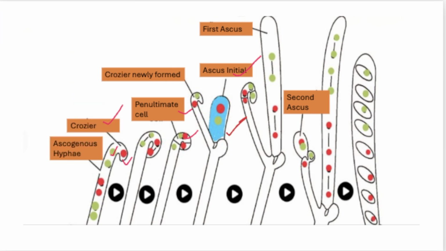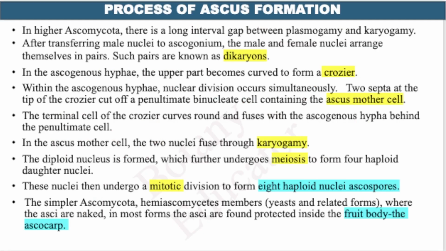This blue structure is known as ascus initial, where two nuclei are paired up together, right? In this paired up structure you will find the ascus mother cell.